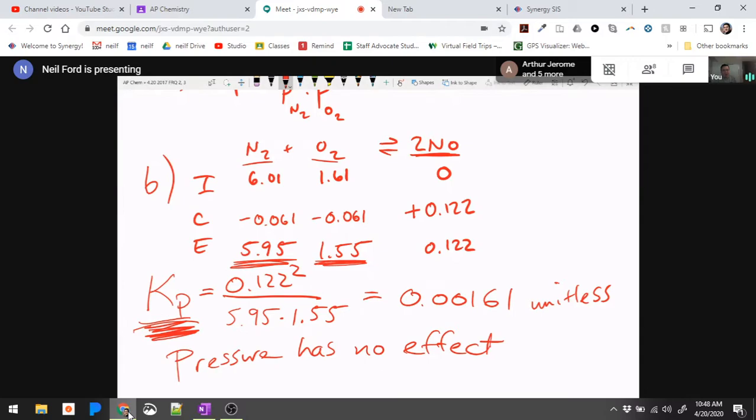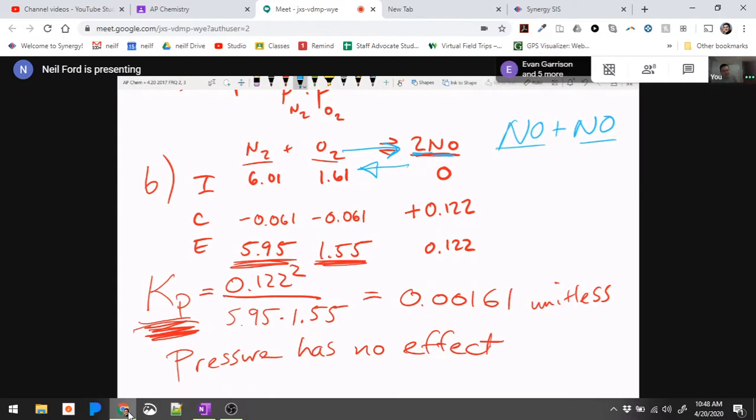So what has to happen for the reaction to go to the right? To go this way, what has to collide? N2 and O2, which is how many molecules? 2. Okay, and to go this way, what has to collide? Yeah, 2 NOs have to collide, because it's 2 NOs coming together.